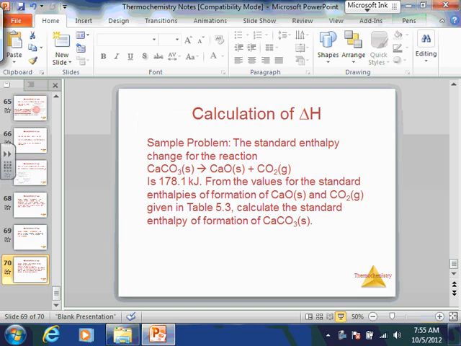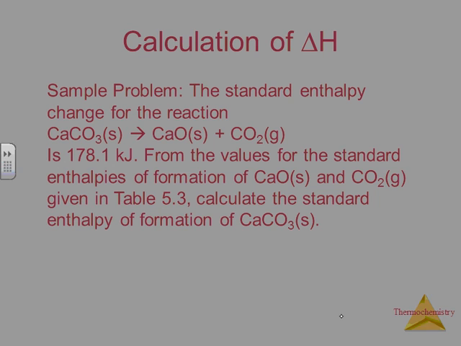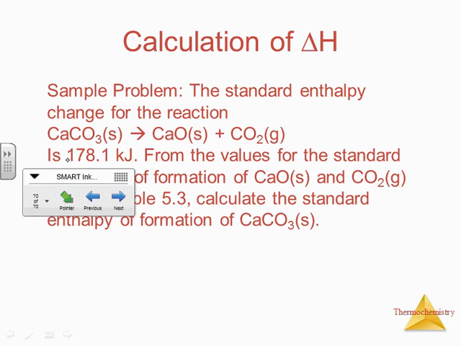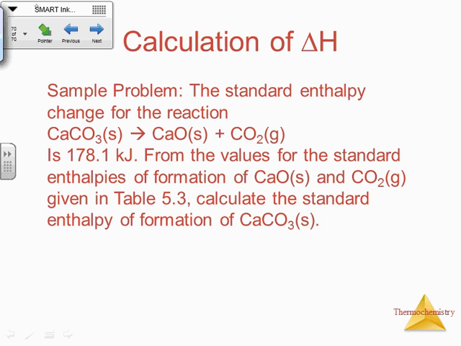Okay, one more sample problem here and then we're done. And this is very similar to what we've already done. This time they're actually giving you the chemical formula, which is nice. This is just a little backwards from what we've done. They're telling us the standard enthalpy change for this reaction, okay?